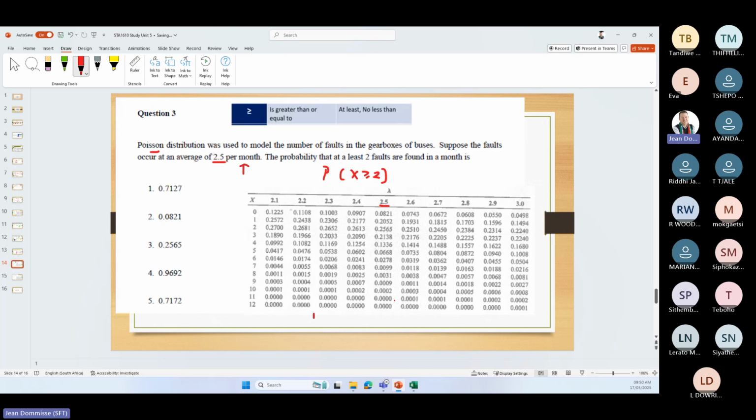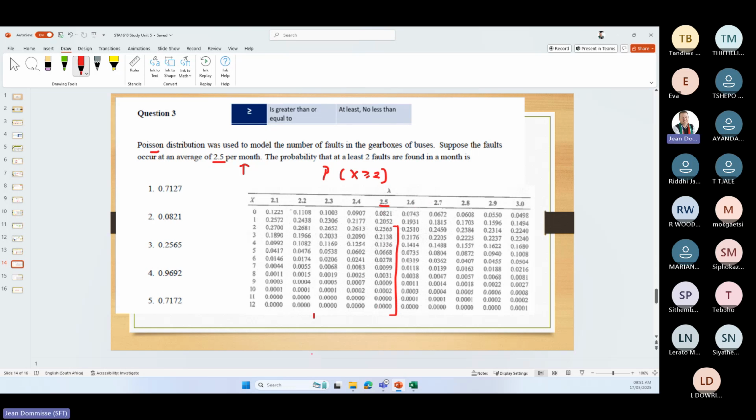Okay, so now we can do this two ways. You can see we need to look at the probabilities of 2 and more. So you can add all of those probabilities together and you will get your answer. Or you can say, but hang on, I know everything is equal to 1.